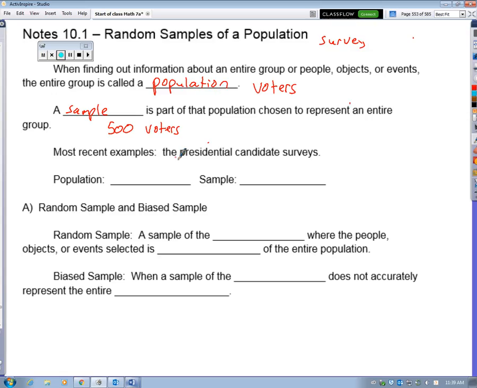So in the presidential election example, the population would be all voters, and the sample from all the voters might just be 500 people to ask.